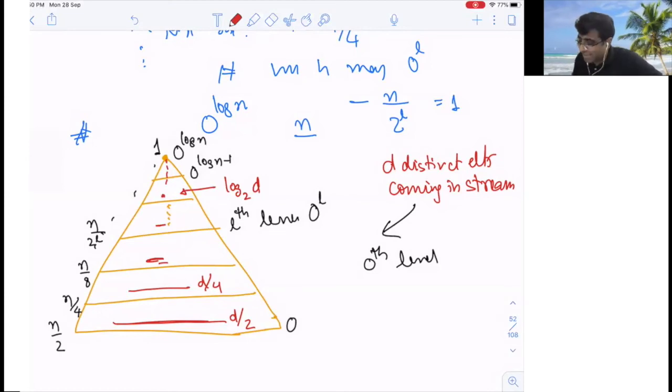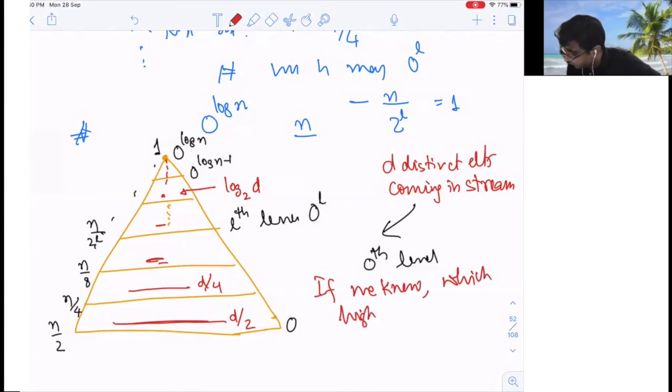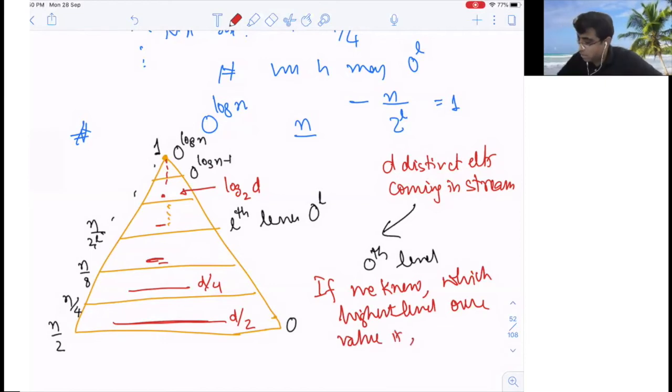So basically, if we knew the highest level our value reaches, we are very good, because then what should the algorithm return? 2 power the level, right?